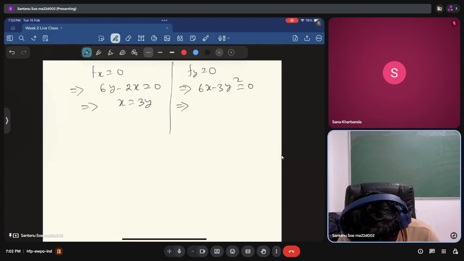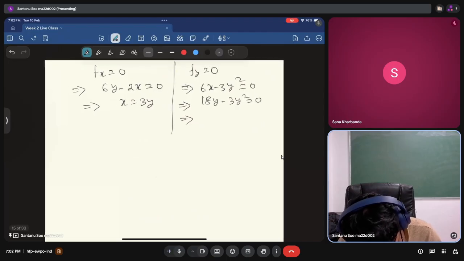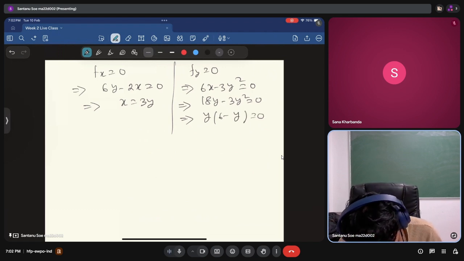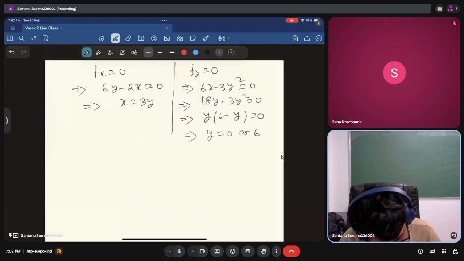Now x is 3y, so 6x will be 18y minus 3y square equals 0. So this will imply that y times (6 minus y) equals 0. Okay, so this will imply that y is either 0 or 6.